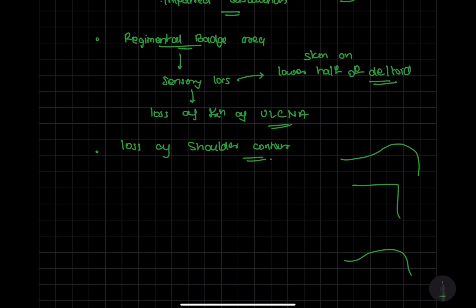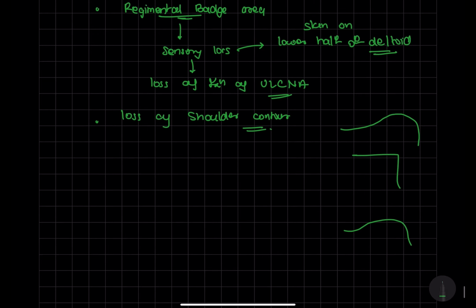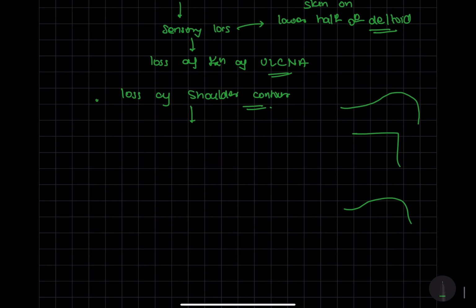Now why? Now this shoulder contour is lost. So beneath this shoulder contour, what do you have? Beneath it, you have your greater tubercle of the humerus. So if your shoulder contour is lost, it means your deltoid will atrophy.